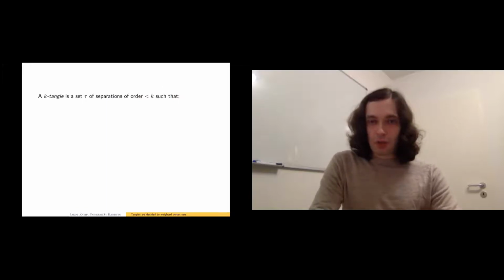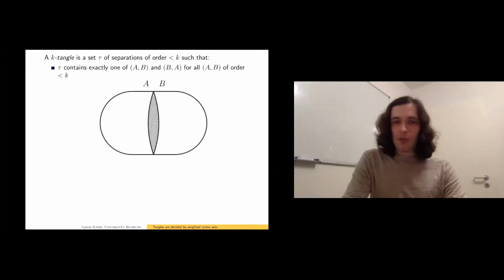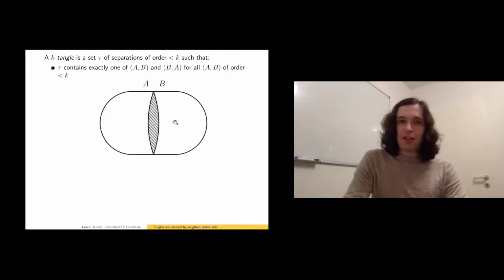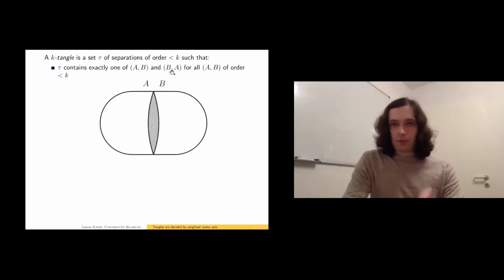And we ask two things of the set of separations. The first is that for each separation of order less than k, our tangle contains either (A, B) or the separation the other way around, (B, A).